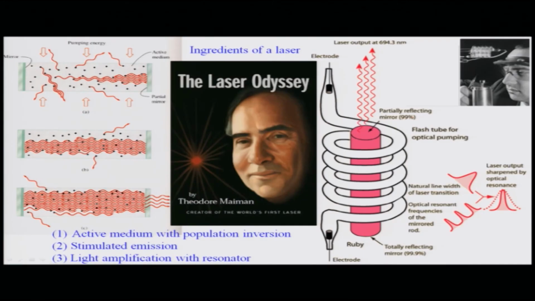The population inversion concept is not going to happen there. And so it was almost like Dr. Maiman was working against all the odds in believing that a laser can actually work.